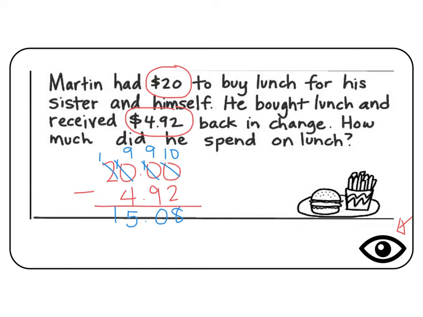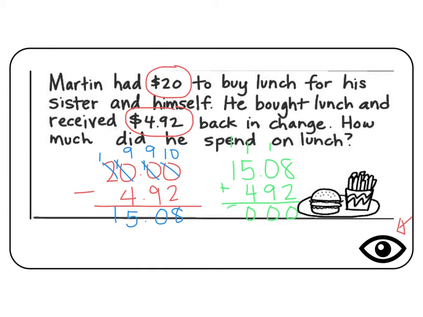We can check this by doing the opposite of subtracting. We can add our two smaller numbers to see if we get back to the $20 he had originally. Let's try it out. So if I have 15.08 plus 4.92, that should get us back to 20. 8 plus 2 is 10. 9 plus 1 is 10. 5 plus 4 is 9, plus the 1 we carried is 10.